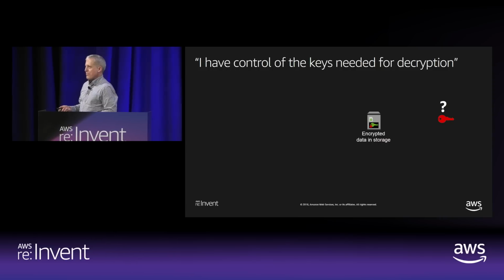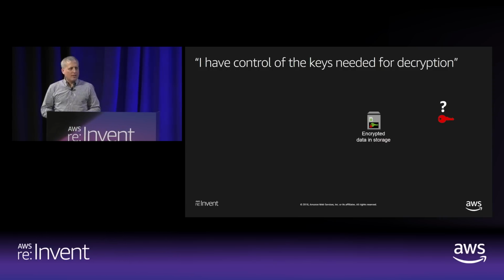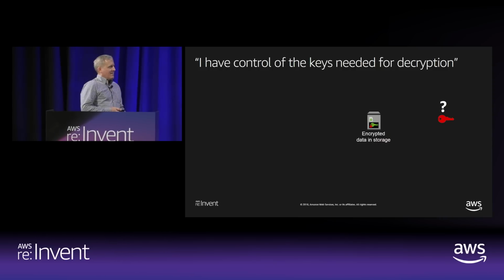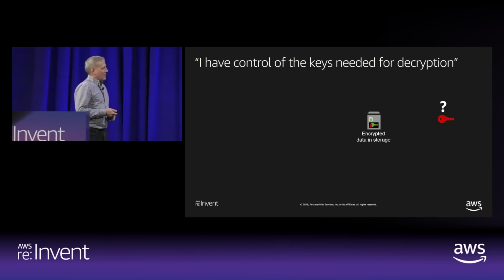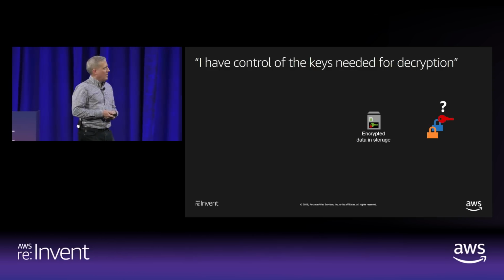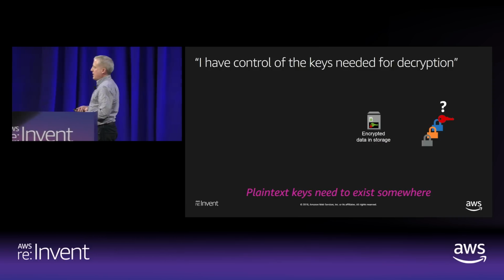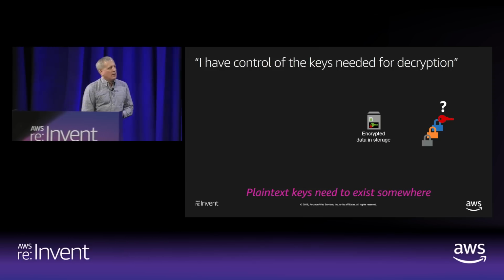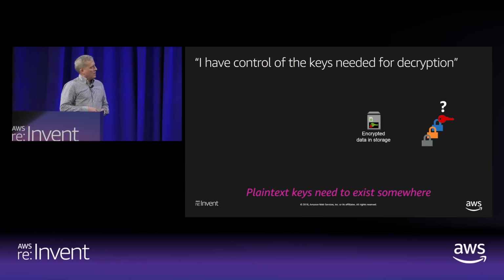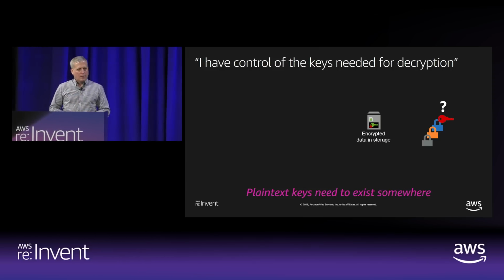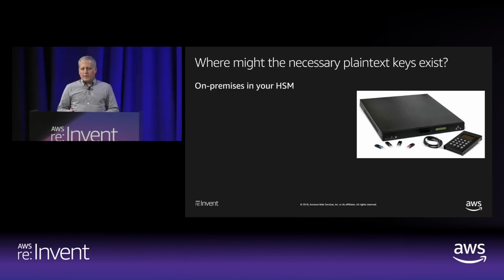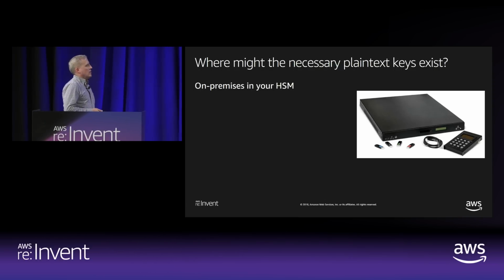No. You've just encrypted a piece of data called a key with another key. So if you follow along, you just do this ad infinitum. At some point, though, if you want to decrypt your data, you have to have a plain text key somewhere that's always available to be able to decrypt data. So where is that key going to exist?